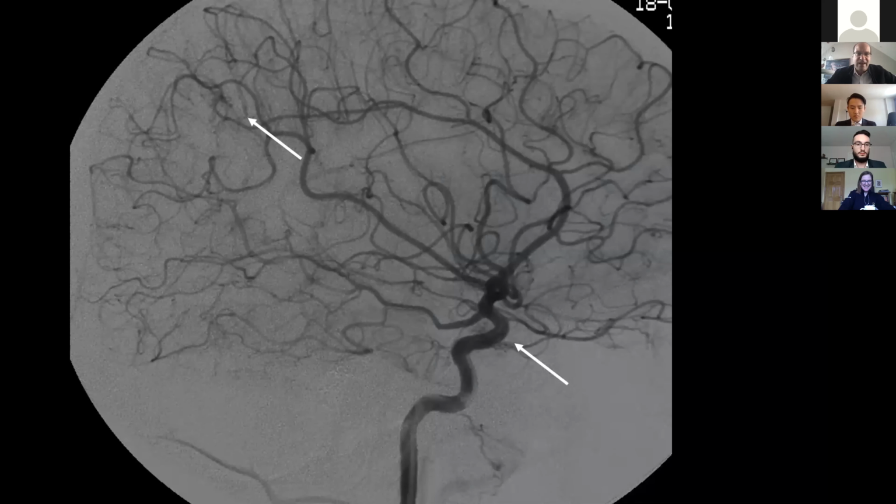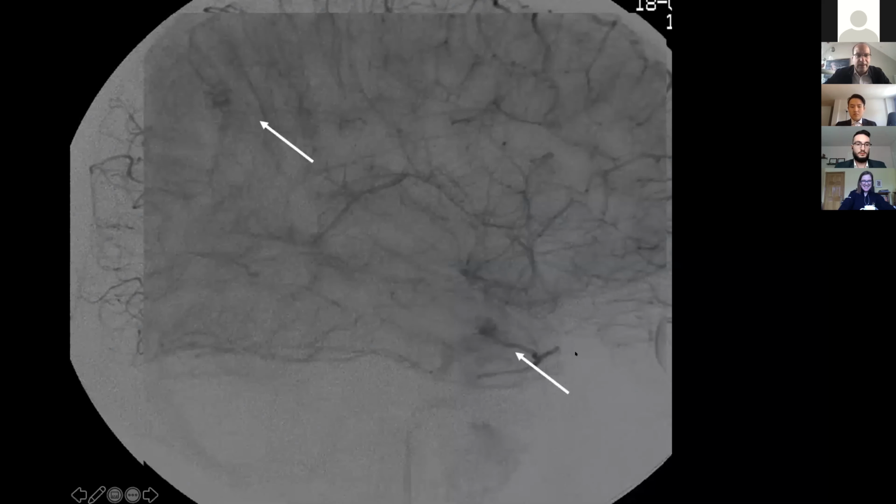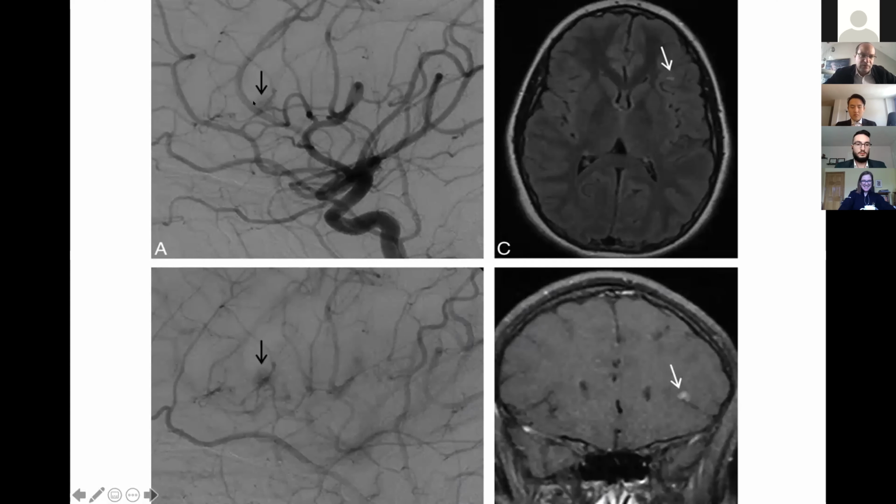In fact, sometimes they are really difficult to identify. So here you see maybe there's a little bit of too many vessels here, or there's a fluff of abnormal vessels right there. And in the later phase, you can see the fluff of abnormal vessels here and here. Or in this case, you see a fluff of abnormal vessels here. But what you don't see is the draining vein, the early drainage of the vein. And therefore, there's no shunting going on in these types of vascular malformations.